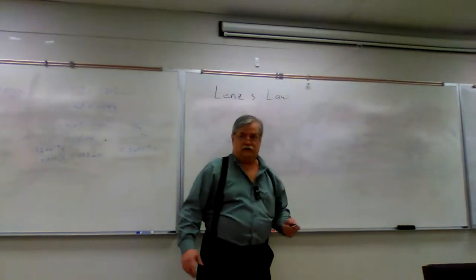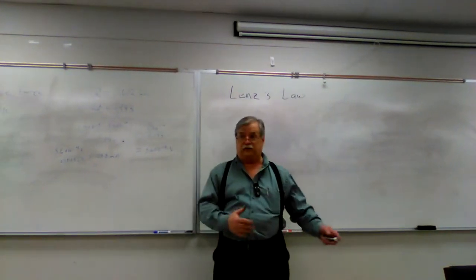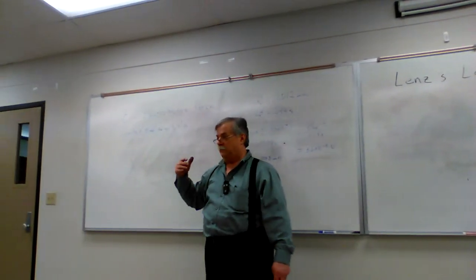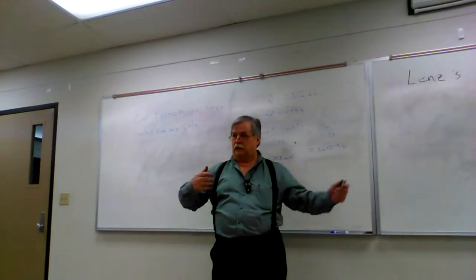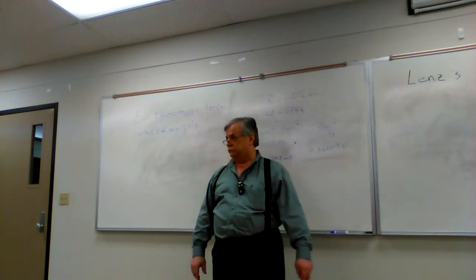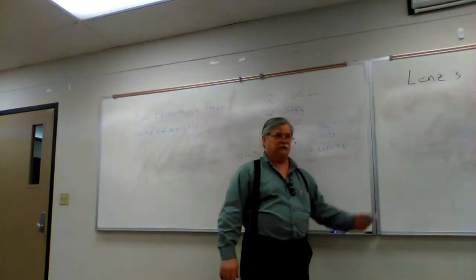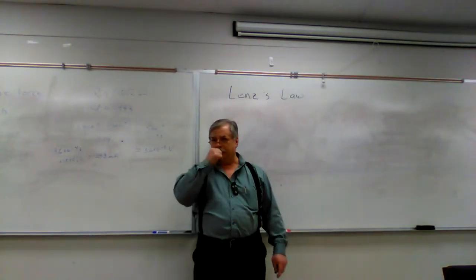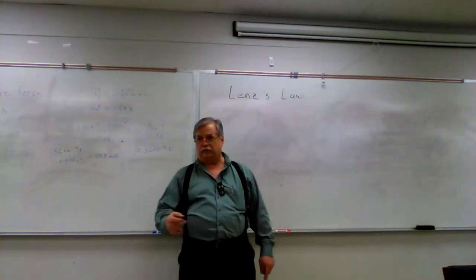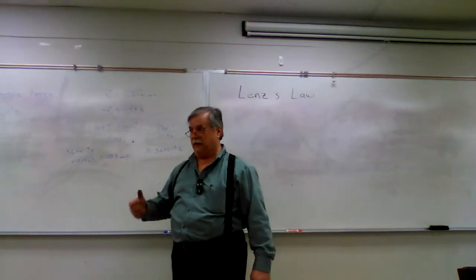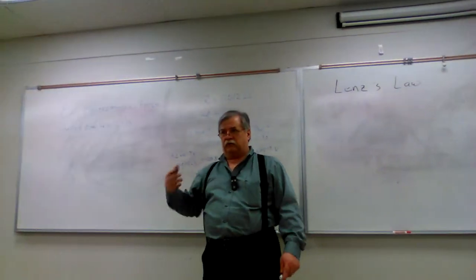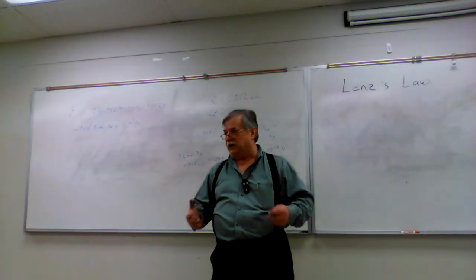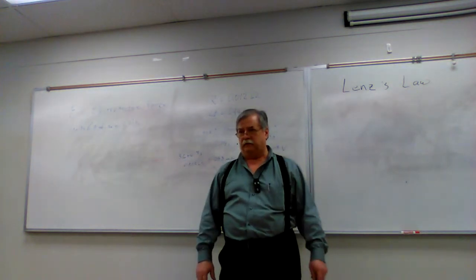What Lenz's law says is that when a magnetic field induces a current to flow, the current will produce a magnetic field that opposes the magnetic field that induced it. That's the whole point of that minus sign in Faraday's law. It's going to push a current that will produce a magnetic field that will try to maintain the existing magnetic field.